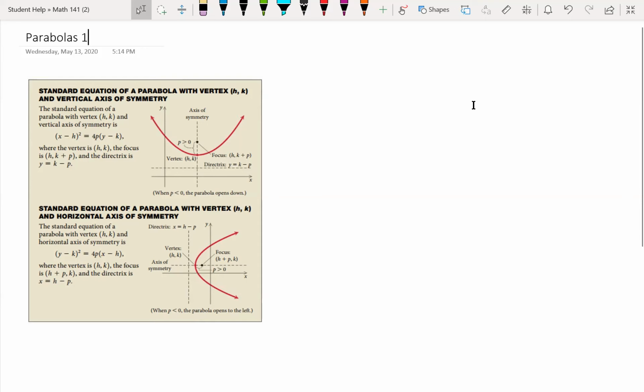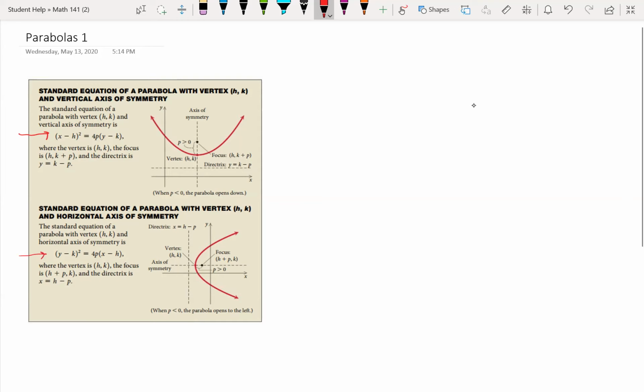One of the things that you may not have seen in the past is this standard form, which is listed here, where we have it written so that the variable that's squared, in this case the x is squared, lets us know that it's opening up-down, versus the equation down here, where y is the variable that's squared, that's where it's going to open left-right.